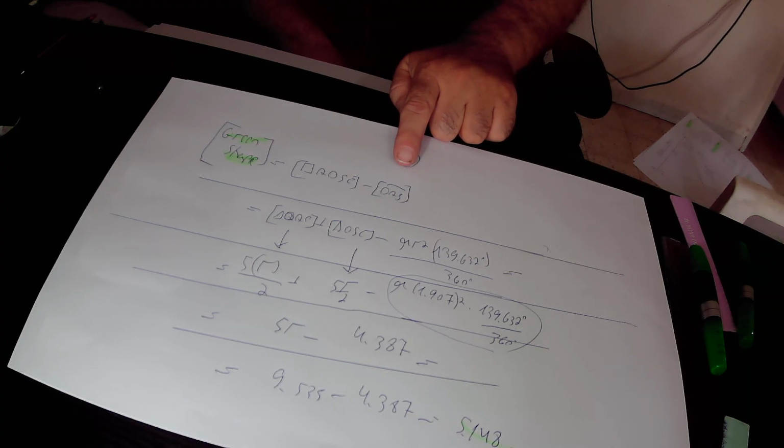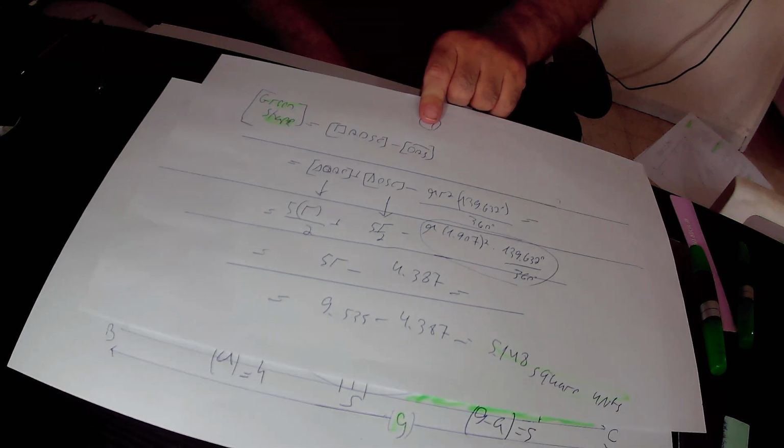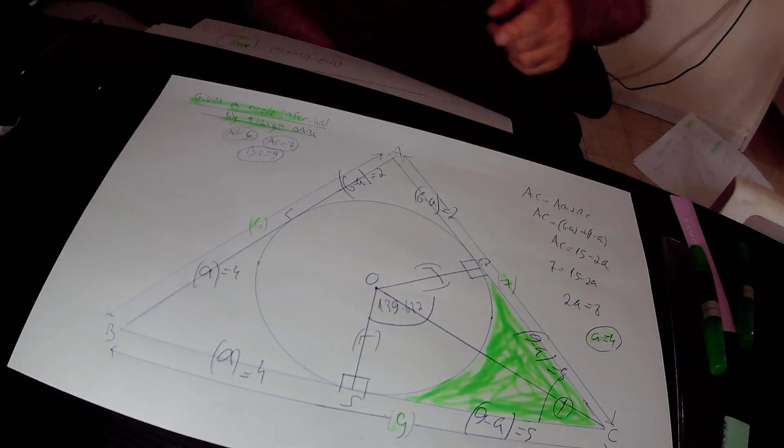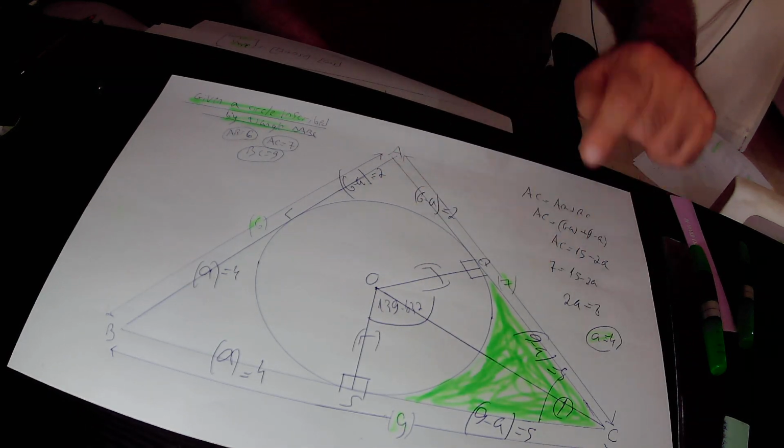The rounded line above OQS is the sign for a sector. This is sector OQS.